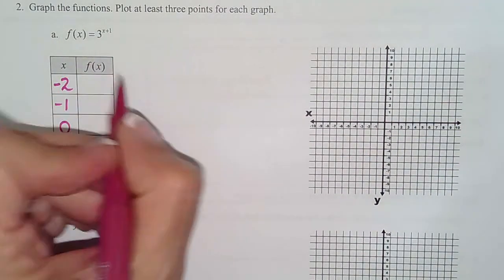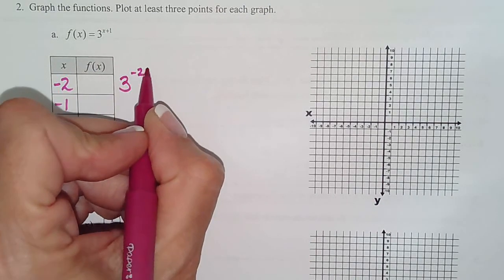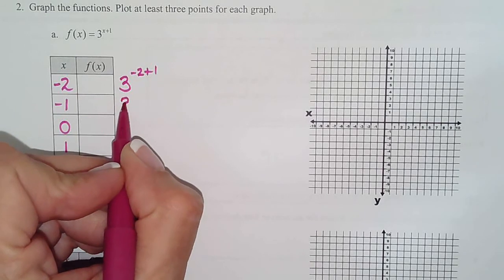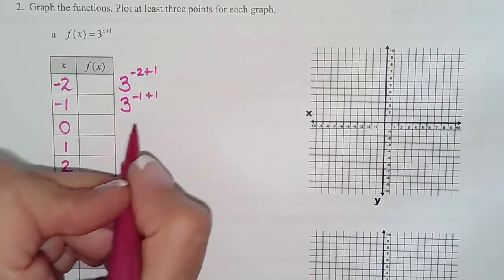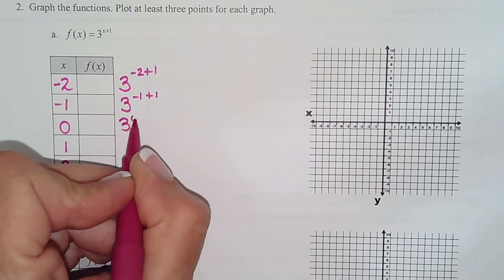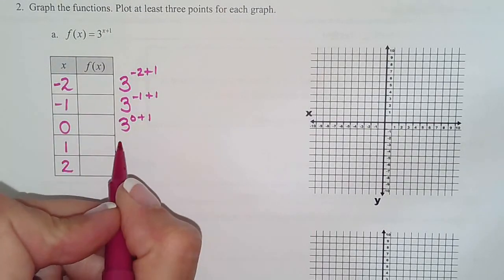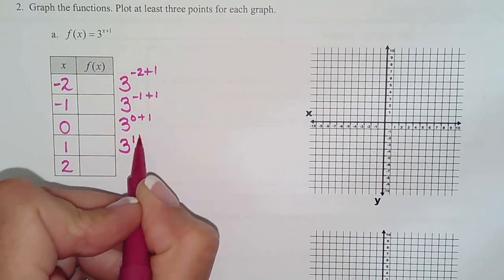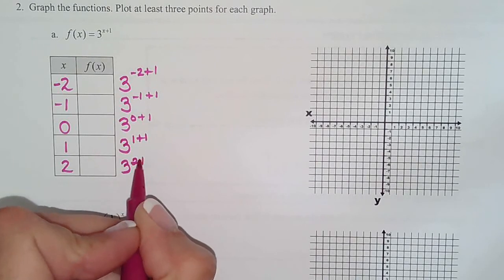When I plug this in, this would be 3 to the -2 plus 1. Let's go ahead and write all the scenarios out. 3 to the -1 plus 1. 3 to the 0 plus 1. I'm just replacing all the x's with these numbers. 3 to the 1 plus 1. 3 to the 2 plus 1.